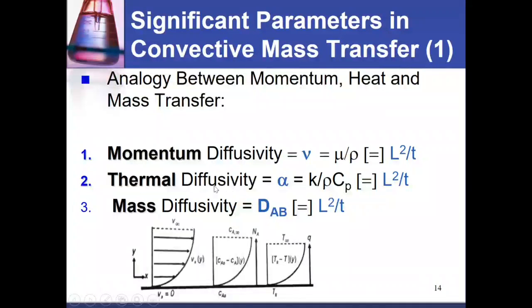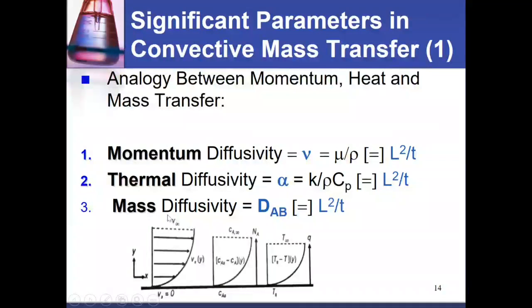Have you heard about thermal diffusivity? Yes, in heat. Okay, so the thermal diffusivity is defined as k, the thermal conductivity, over rho Cp. Cp is the specific heat capacity. And the units of thermal diffusivity are also length squared per time, same as momentum diffusivity.